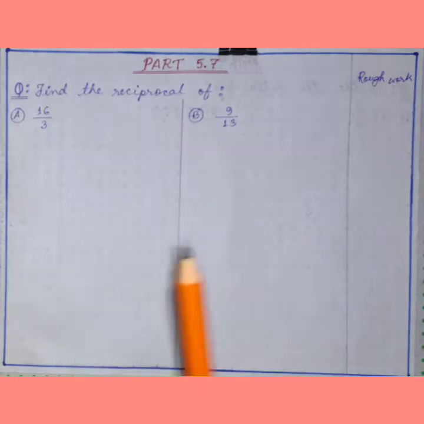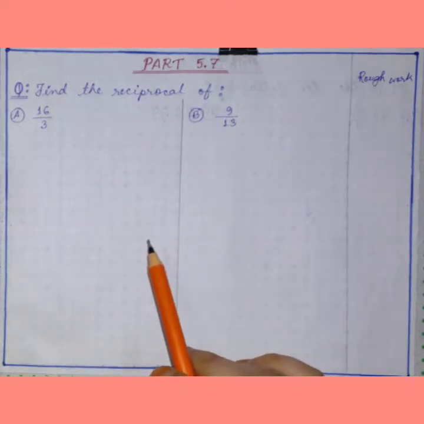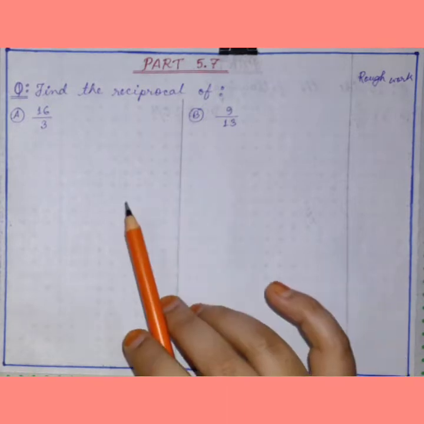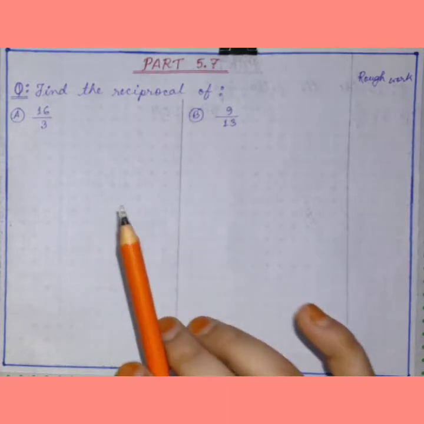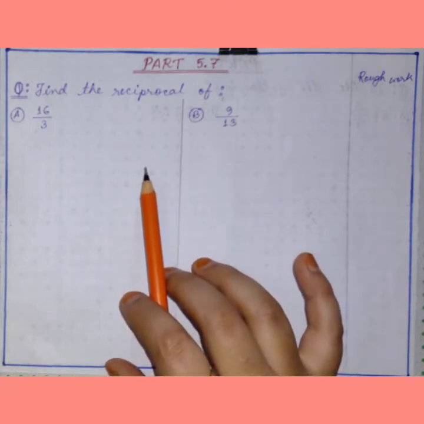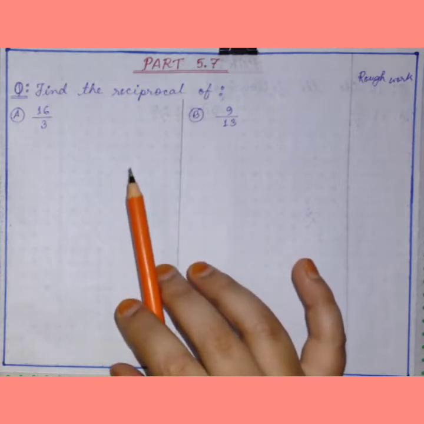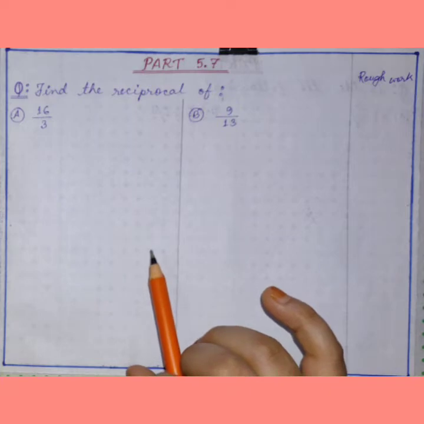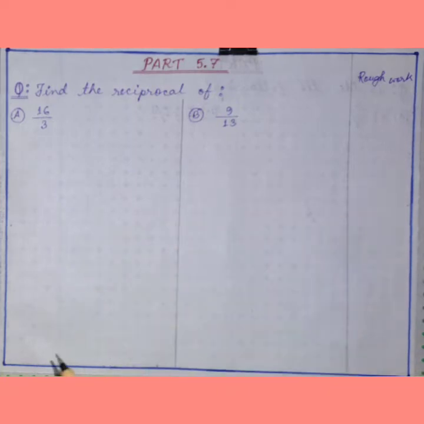Reciprocal is also called the multiplicative inverse. If the product of two fractions is 1, then each fraction is a multiplicative inverse or reciprocal of the other fraction, right? How will we find it?